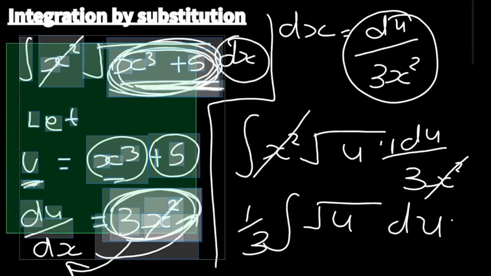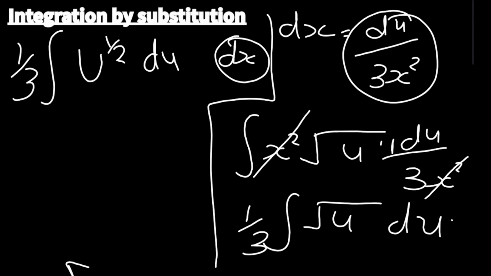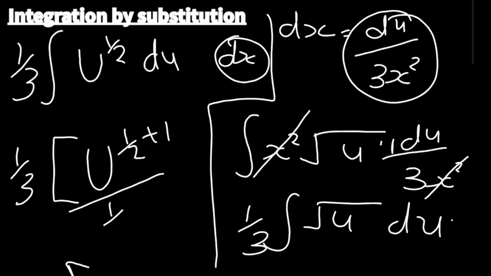We can clear out these. That will be a third. The integral of root u can also be written as u to the half du. So that will be a third. The integral of u raised to a half, that will be u to the half plus 1 over half plus 1 plus c.